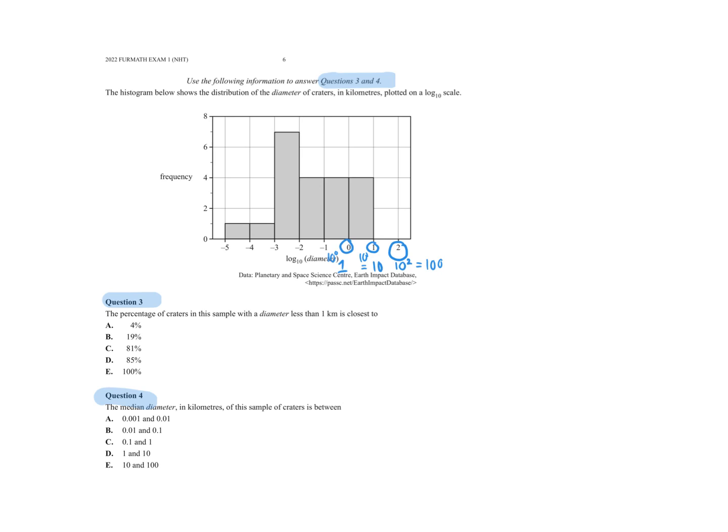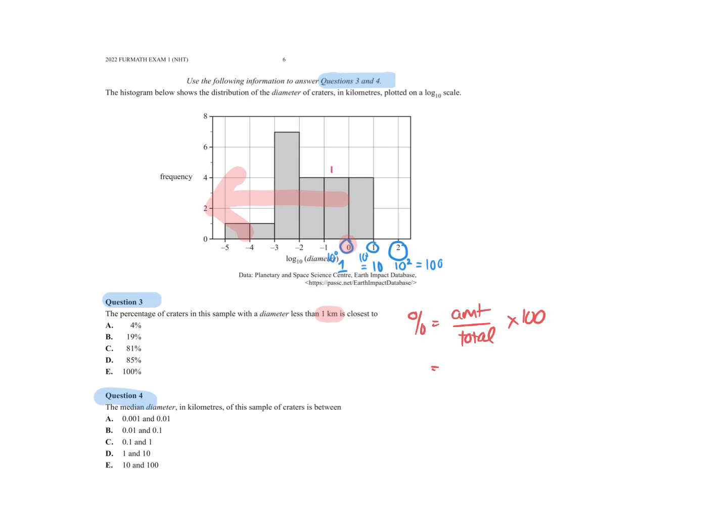And then it says the percentage of craters in this sample with a diameter less than 1 kilometre. So we just worked that out. That was the 0, so that is all that way, less than 1 kilometre. And they're saying percentage. So remember, percentage is an amount over the total times 100. So first of all, we want to know the amount.